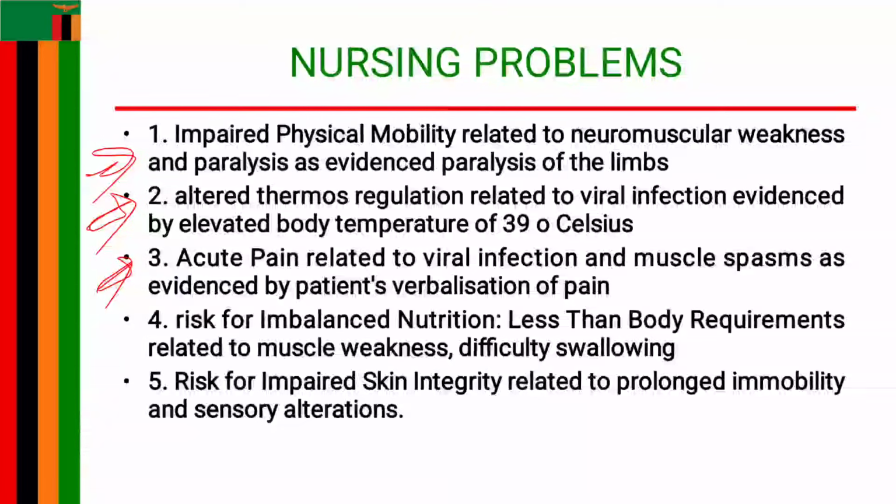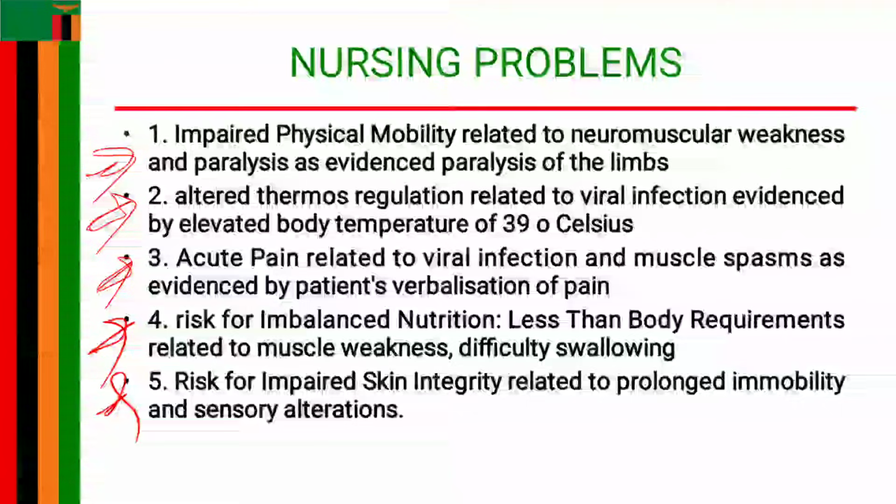This is a 10-year-old child who can still verbalize if they're experiencing pain. Risk for imbalanced nutrition less than body requirements related to muscle weakness and difficulties in swallowing. And of course, the fifth problem you can talk about is risk for impaired skin integrity related to prolonged immobility and sensory alteration.